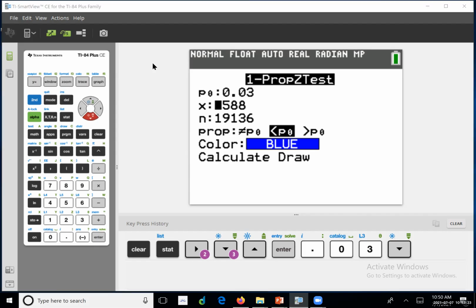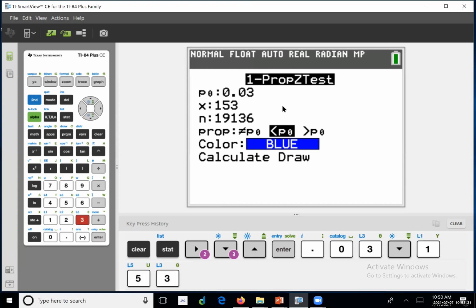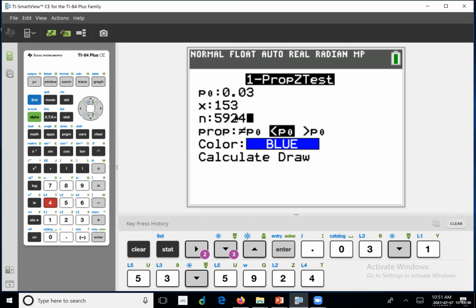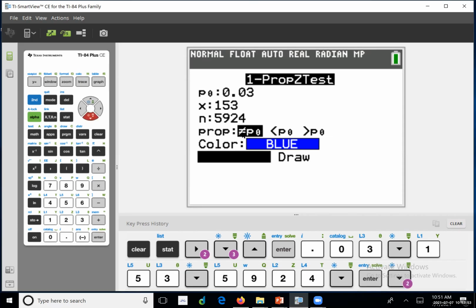So x is 153. What is n? 5,924. Thank you. And then you choose the option of not equal to, and then you go ahead and calculate.